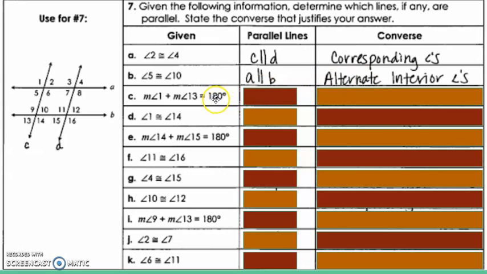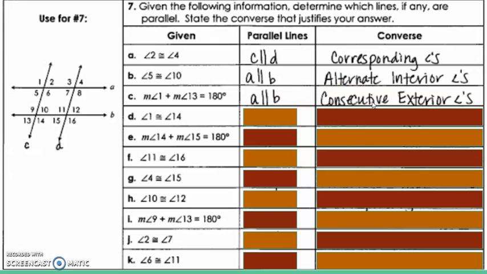For letter C, we have that angle 1 and angle 13 equal 180 degrees. Looking at that, we are using line A and line B, and line C is our transversal. So A and B are our parallel lines, and that is our consecutive exterior angles or the same side exterior angles. If we look at angle 1 and angle 14 that are congruent angles, the lines that would be parallel with that are A and B again.